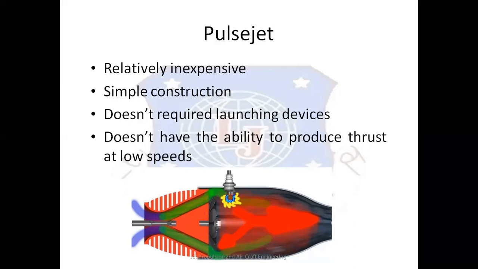Third, it does not require any launching device. Unlike the ramjet engine, it does not require any launching device. It can be self-operated. Though it has one disadvantage, that it doesn't have the ability to produce thrust at low speed. So it needs to be operated at very high speed.